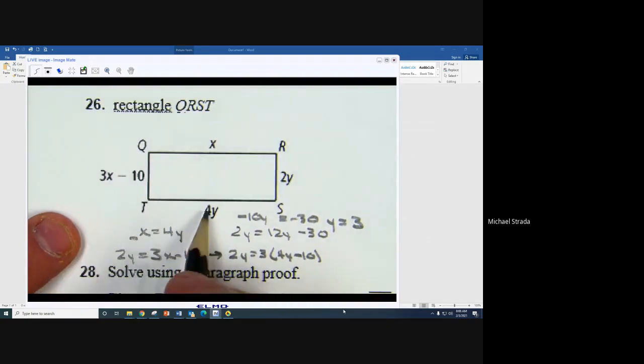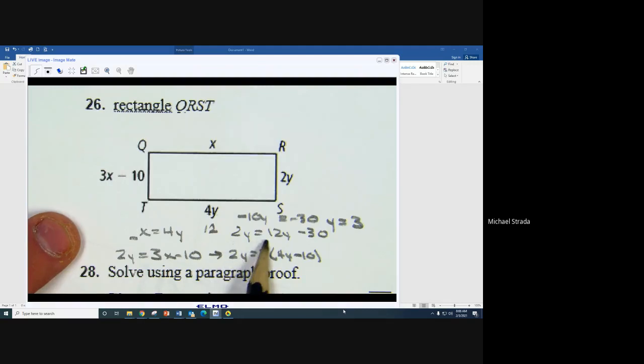If I plug that in, 4 times 3 is 12. Nope. Something I did. x equals 4y, 2y equals 3x minus 10.